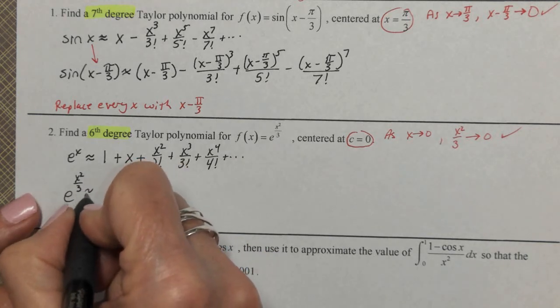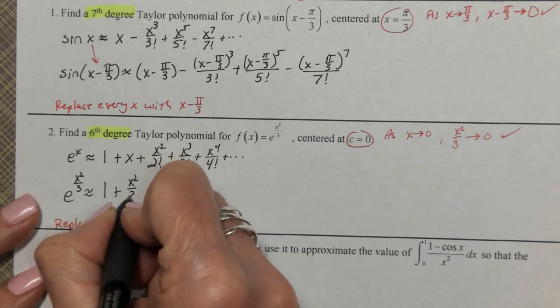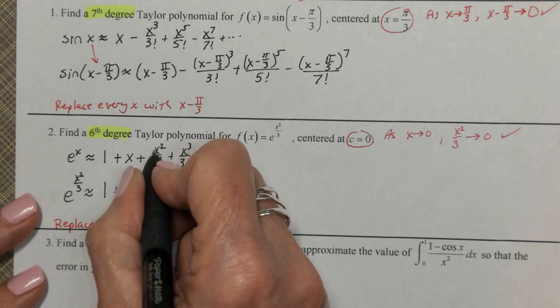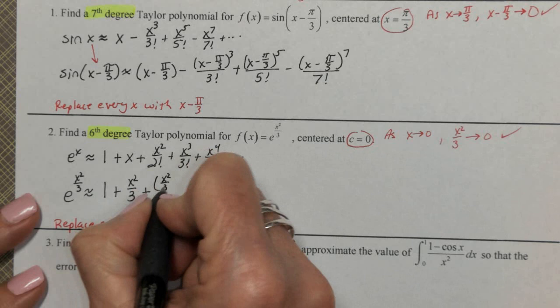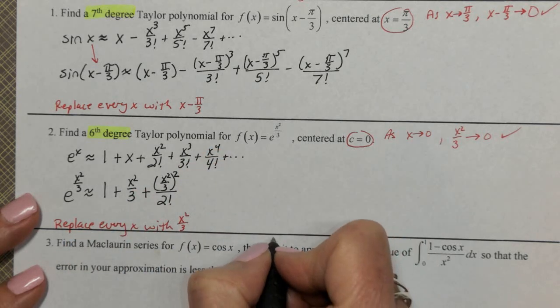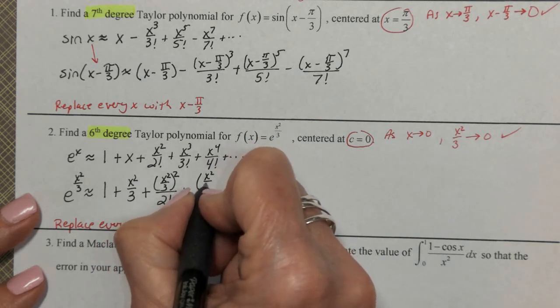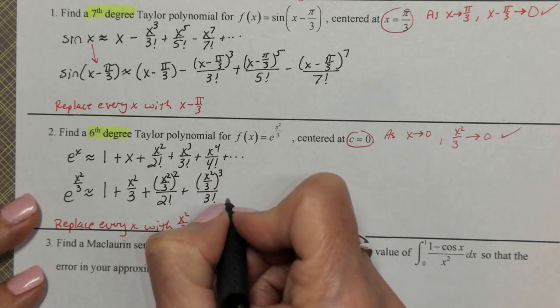So 1 plus x squared over 3 plus, I'm replacing this x with x squared over 3, so x squared over 3 squared over 2 factorial, right? Plus x squared over 3 cubed over 3 factorial.